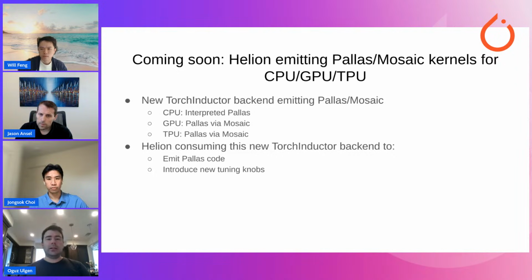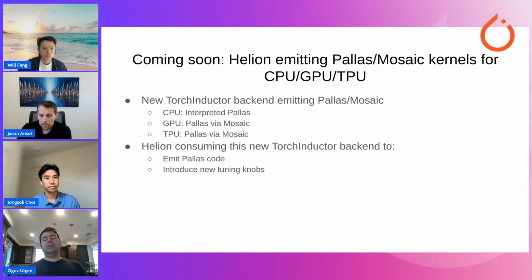The way we're thinking about approaching this is that torch inductor will have the capability to emit a Pallas kernel for your specific hardware, and then we're going to have Helion tie into the exact same mechanism we did for Triton to actually emit these Pallas kernels. Then we're going to introduce new tuning knobs specifically for Pallas operations, and this will help us emit performant code for TPU.